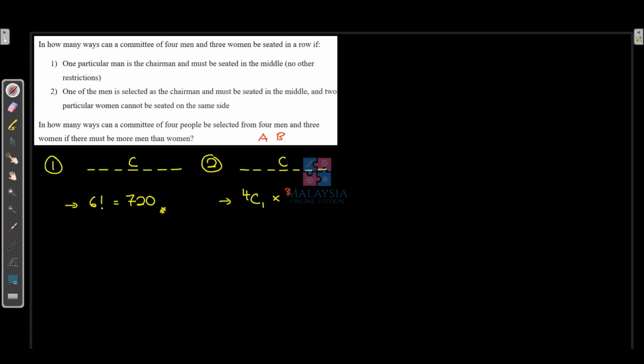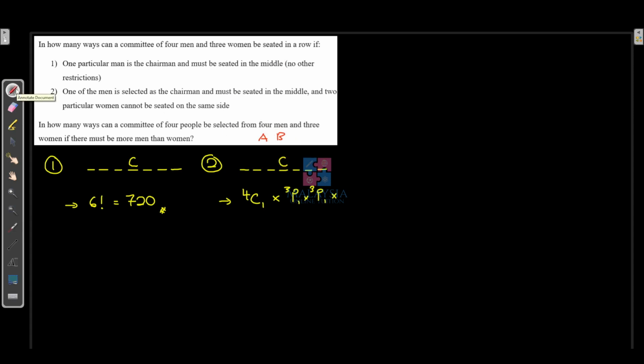So we can say 3P1. And the same thing for B. B can sit in any of the 3 seats to the right of the chairman. So again, 3P1. Another thing we need to consider is that both of them can interchange, meaning that A sits on the left and B sits on the right, or B sits on the left and A sits on the right. So later we need to multiply everything by 2.